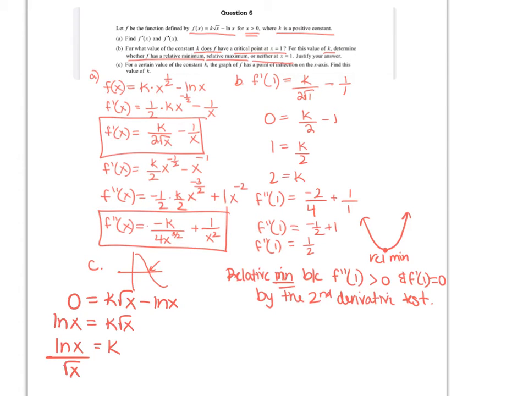The other thing we know is that there's a point of inflection there, and so those are zeros of our second derivative. So we're going to take our second derivative and set that equal to 0.